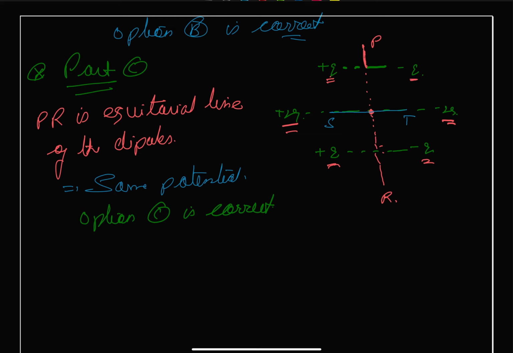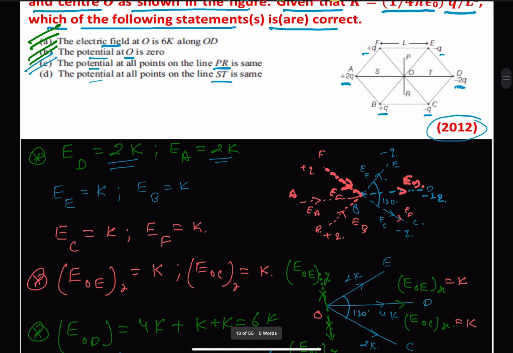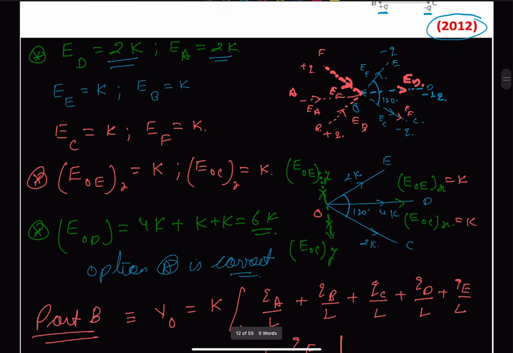So this is our ST, and we already know that the resultant electric field of this entire system is in this direction, which previously we called OD, and the direction of OD is same as the direction of ST. So the net electric field will be from S to T, and we know that the potential decreases along the electric field line. So therefore option D is incorrect.